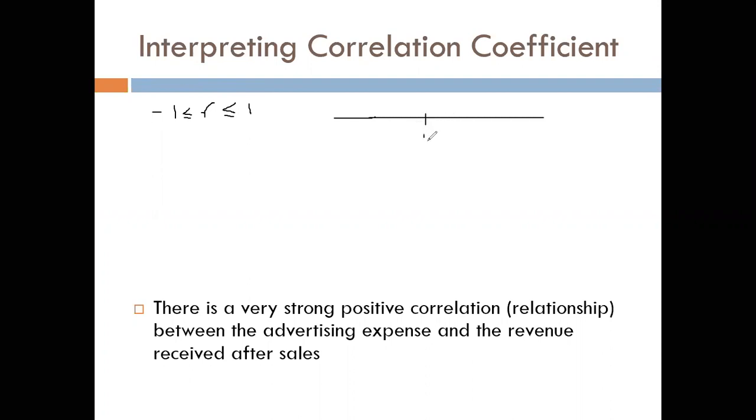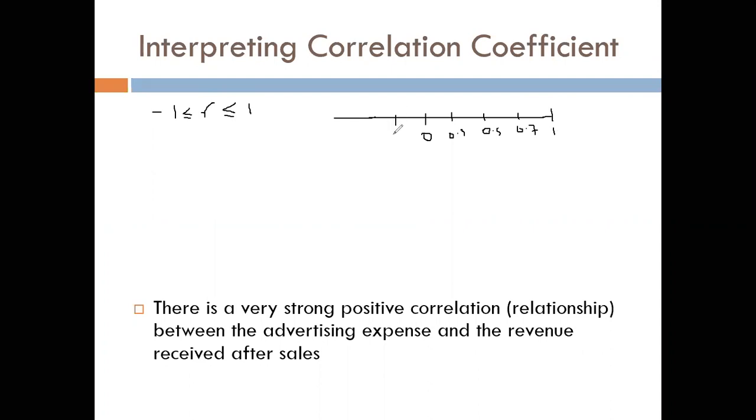Now the scale of interpretation. On the positive side, we could have 0.3, 0.5, 0.7, 0.99, or let's say to 1.